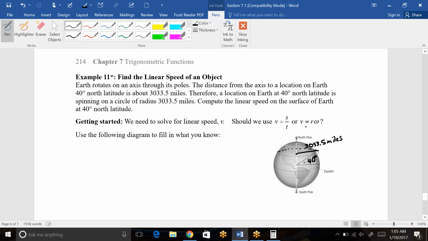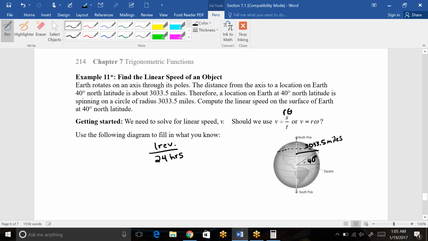Now, we want to find the linear speed, so should we be using this formula, which requires us to know both the radius and the theta over time, or we could use this one, which remember has angular speed involved. So we know kind of what the Earth does. One revolution of the Earth happens in 24 hours, okay? The problem is we want our revolution to be measured in radians.